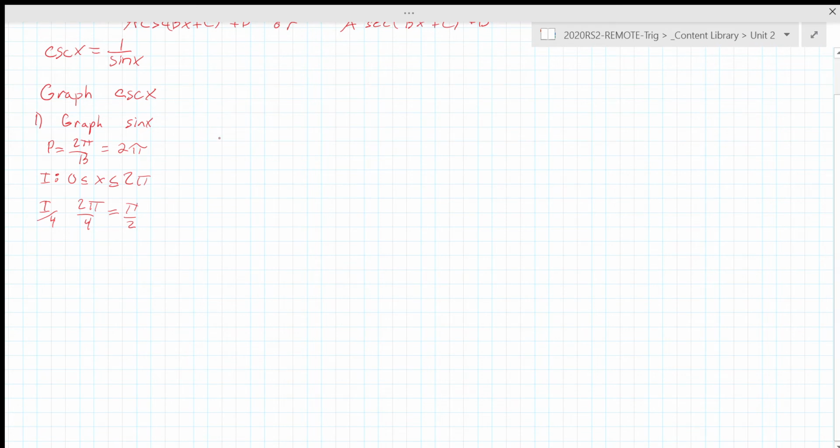Amplitude is 1. And then the midline is 0. And we can use all this info to then graph sine.